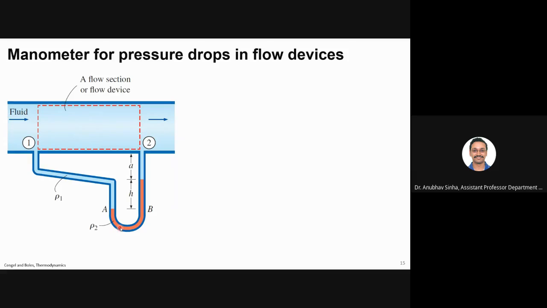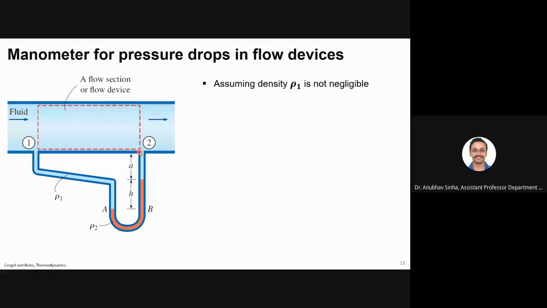Simply by looking at the image, I can say that pressure here is higher than here, because this is getting pushed and this is going up. So the pressure from this side is higher than this side. That's all we can say: pressure at point 1 is higher than at point 2.